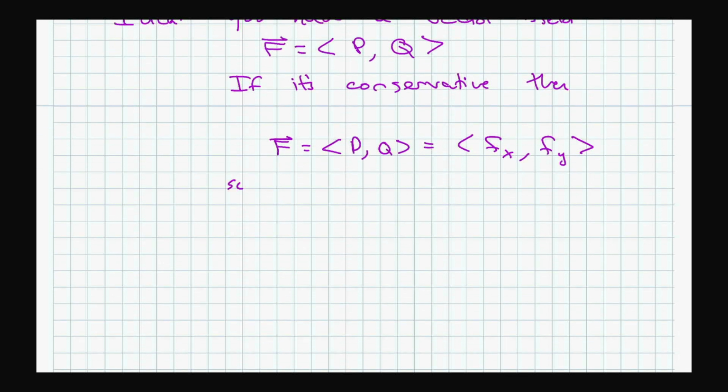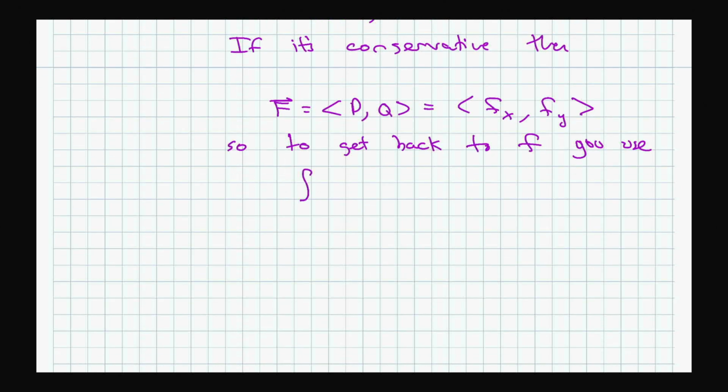So to get back to f, you use that little f is going to be the integral of P with respect to x, and little f is also the integral of Q with respect to y, because P, which is little f sub x, is a derivative with respect to x.